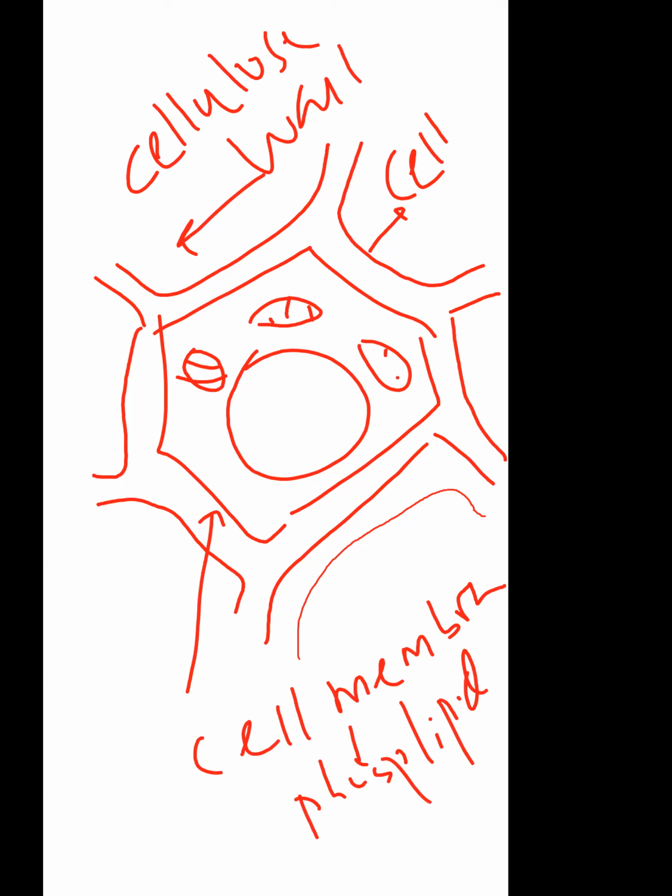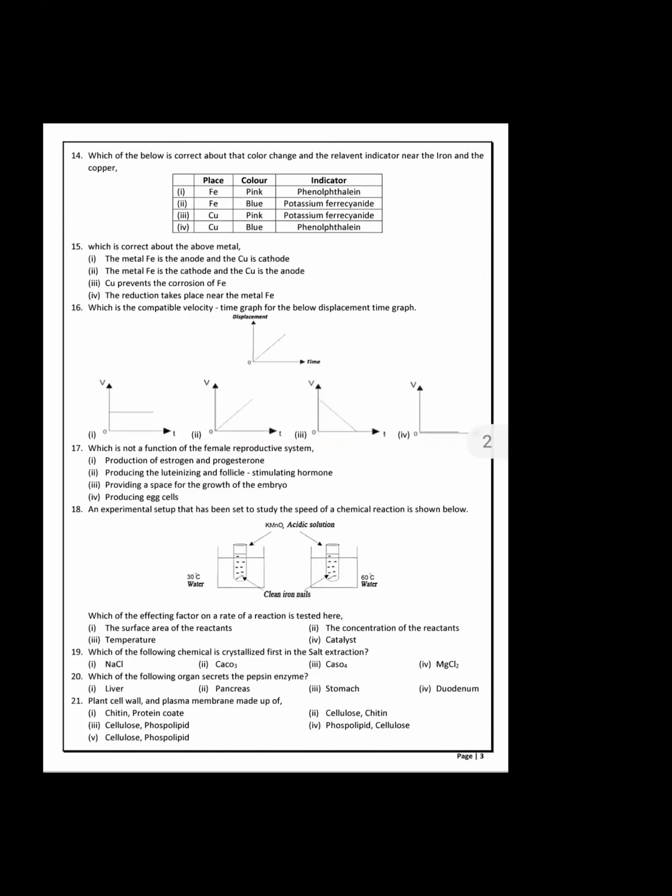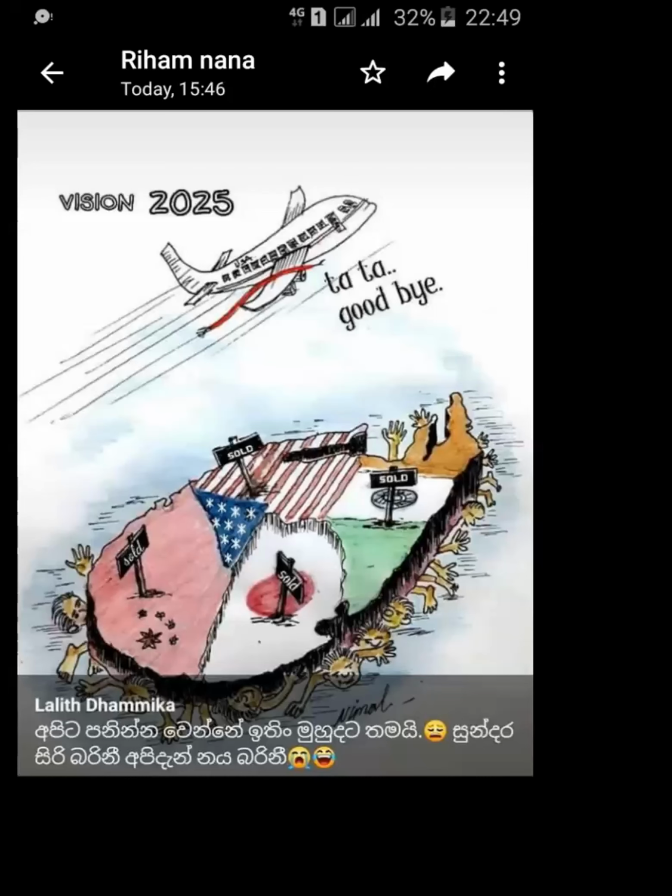Okay. 21. Plant cell wall and the plasma membrane are made up of, the first one, chitin.